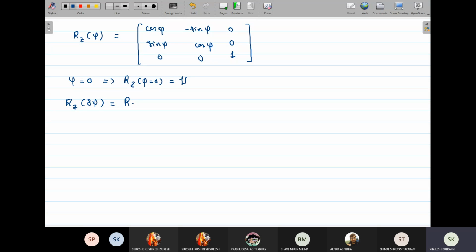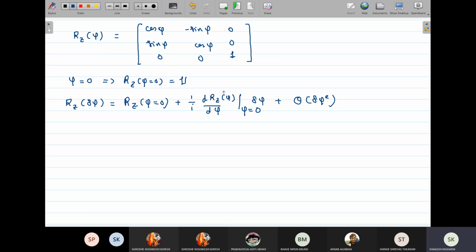Then that will be Rz at phi equal to 0, plus 1 over i, dRz by d phi at phi equal to 0, times delta phi, plus order delta phi squared terms.